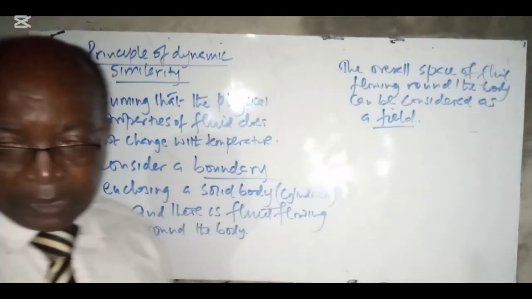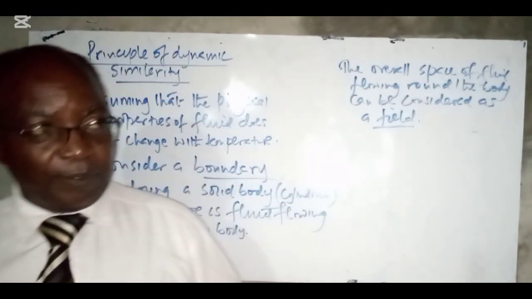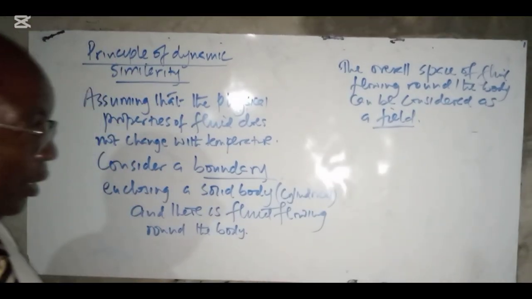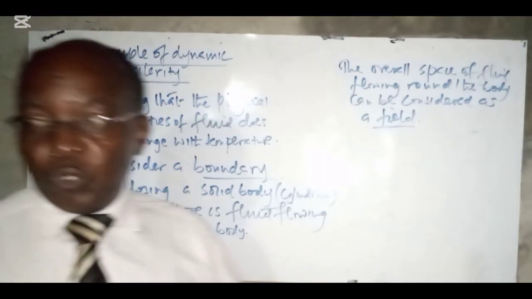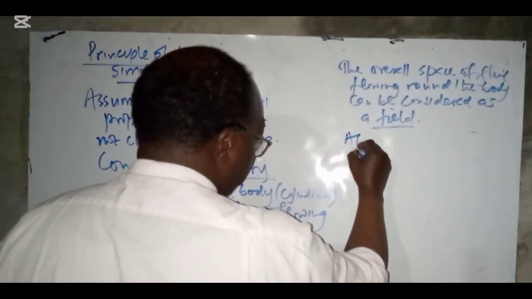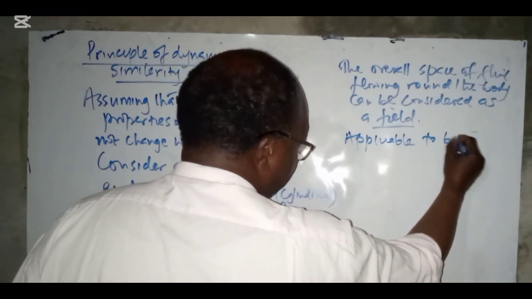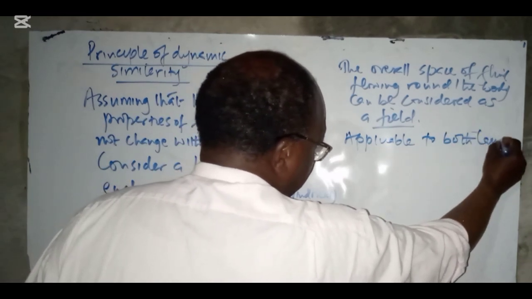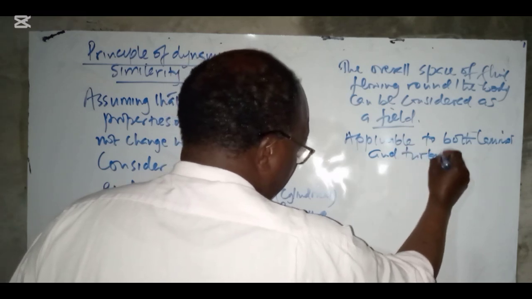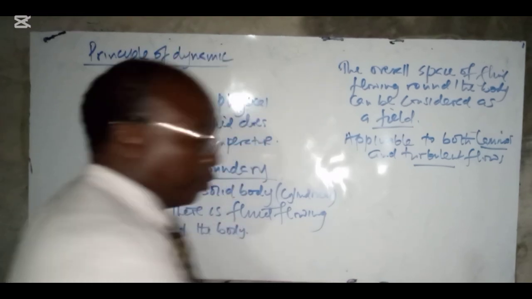Now, to bring in this concept of similarity, we want to evoke this system, and it should be applicable to both laminar and turbulent flows. Very important to note that.